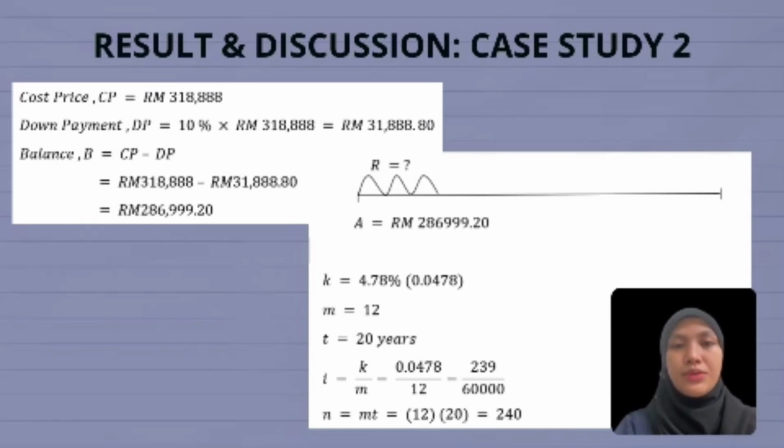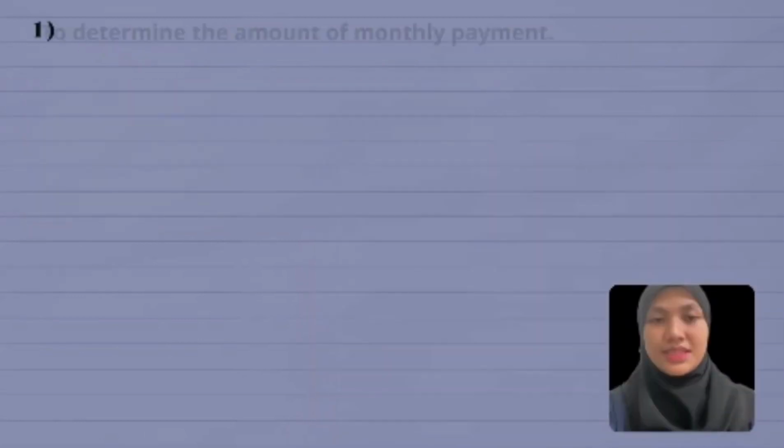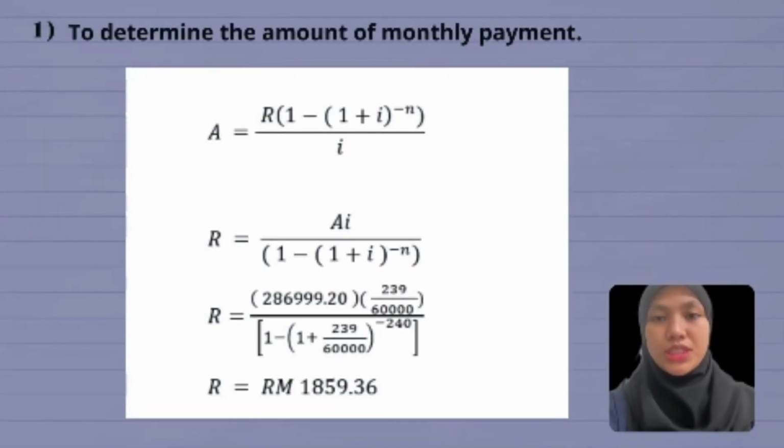For i, we calculate 0.0478 over 12, and the answer is 239 over 60,000. For n, we multiply 12 and 20, and we get 240.